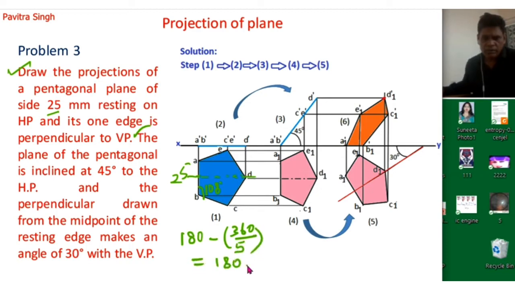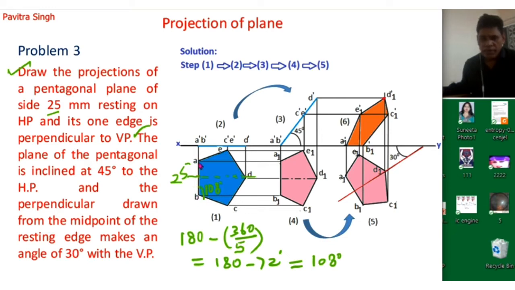So this will actually be 180 minus 72 degrees, which is equal to 108 degrees. So this angle will be 108 degrees. Now we will draw this line BC, which is inclined 108 degrees with the AB line. Again we will draw this line CD, DE and EA. So we will get this regular pentagon.